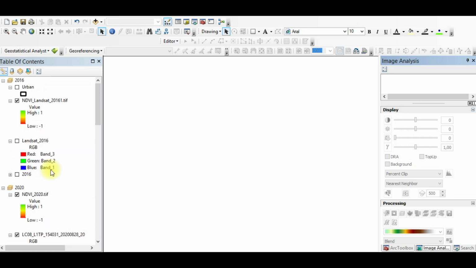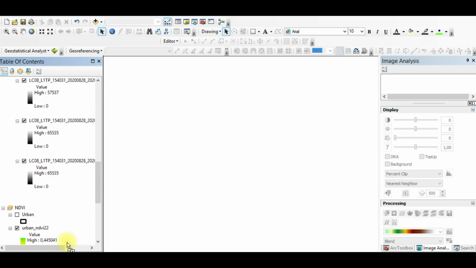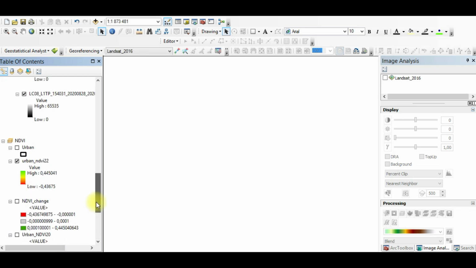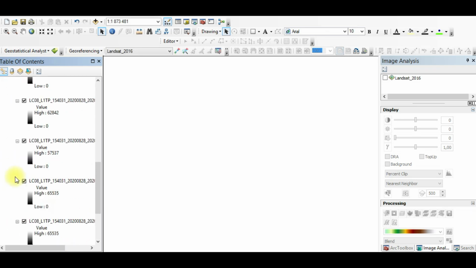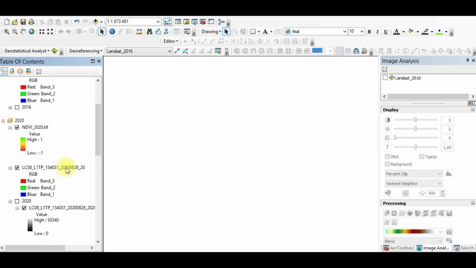Let's first just drag the Landsat 16 composite stacked layers to this place, and let's close this one. And also for 2020, this one.